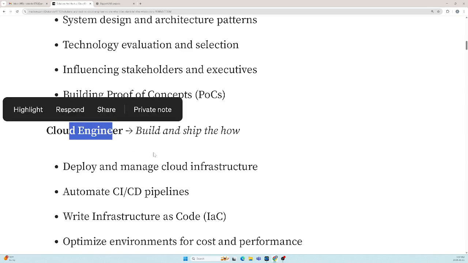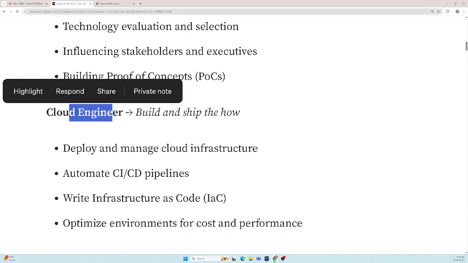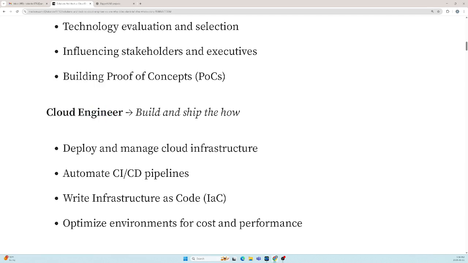Now the cloud engineer roles. We see cloud engineer, platform engineer, and DevOps engineer as different kinds of roles. Based on the documentation, a cloud engineer deploys and manages cloud infrastructure and automates CI/CD pipelines using GitHub Actions, Bitbucket, Jenkins, and others to deploy infrastructure code to cloud platforms like AWS, Azure, or Oracle.